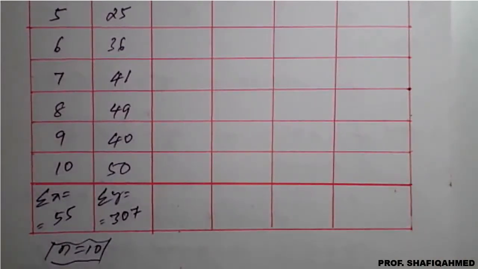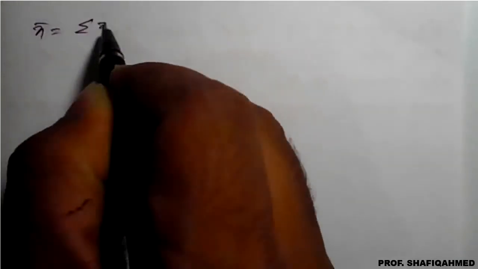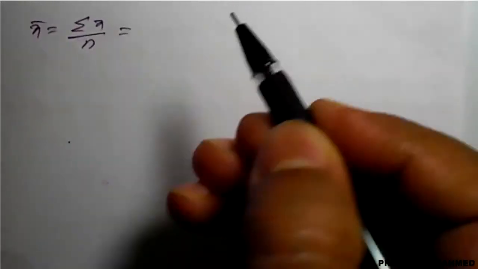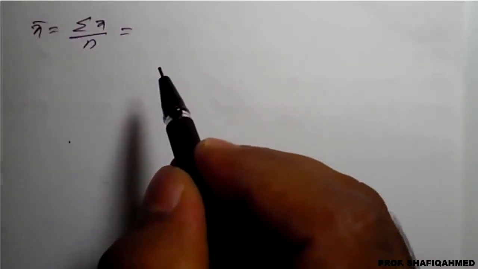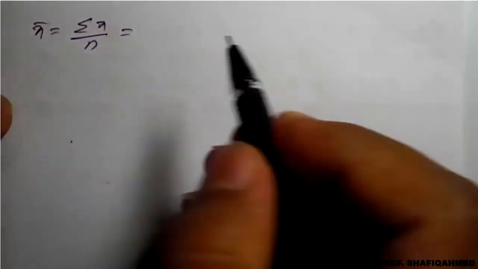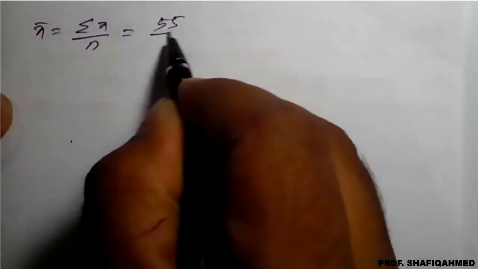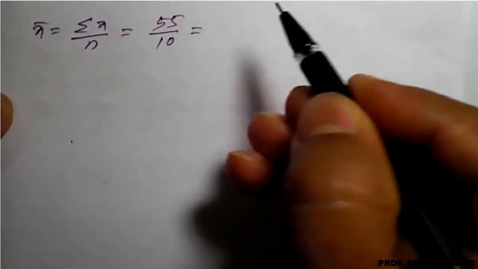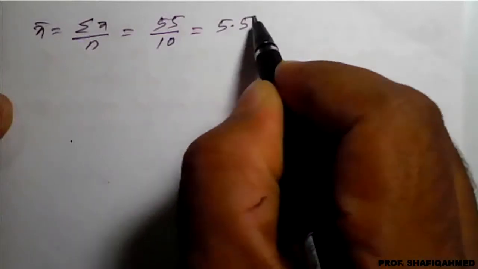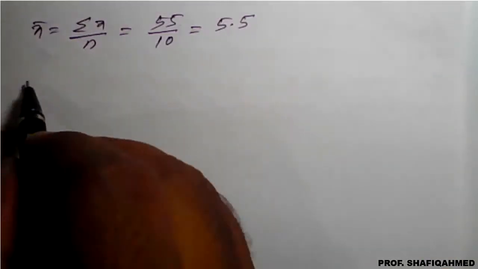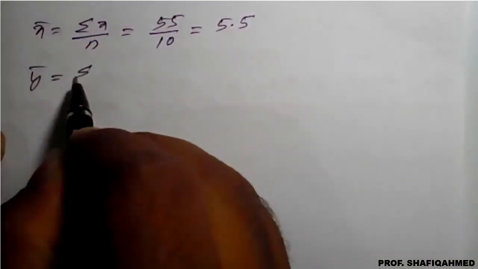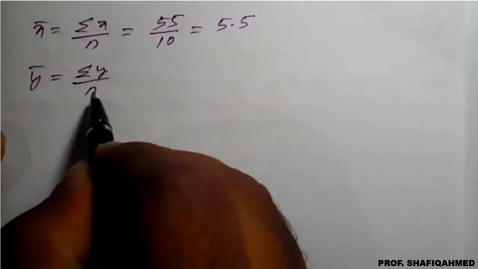The x bar formula is summation of x divided by n. From the table, summation of x is 55 and n is 10, so we get 5.5.